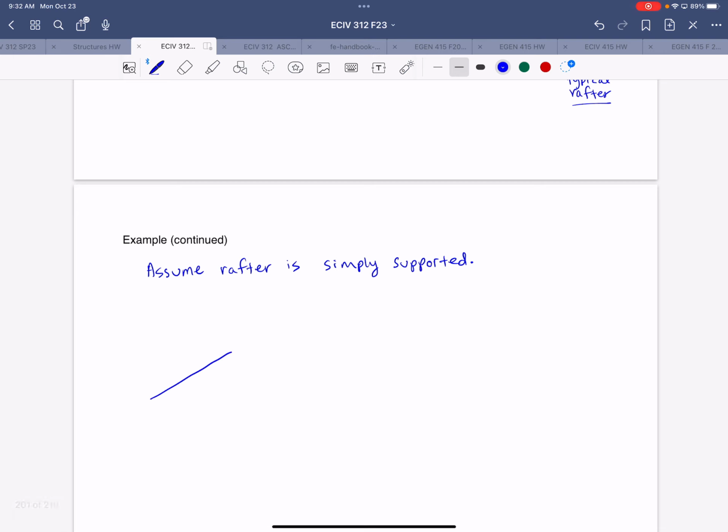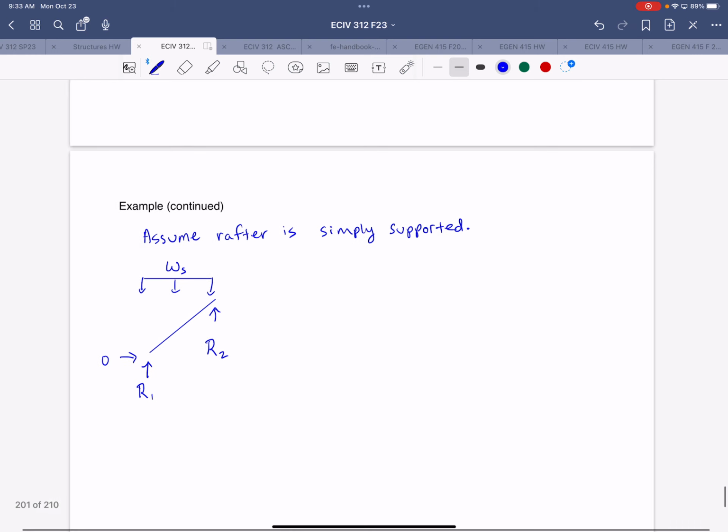So if we just consider one rafter then, and we have identified the line load, right? So Ws in the direction of gravity. If it's simply supported, that means we're going to have a vertical reaction at each end. All right, there will also be a horizontal reaction, but what's that horizontal reaction going to be? Zero, right? Because there are no horizontal net forces acting due to the snow.